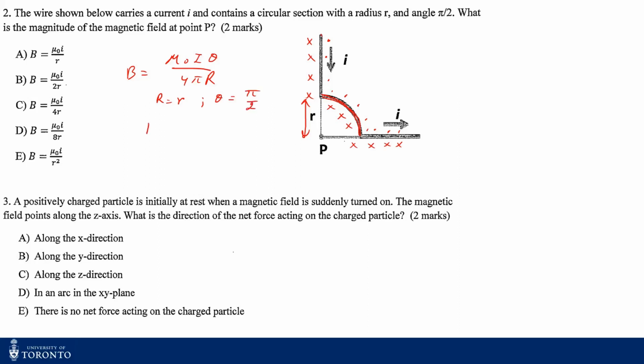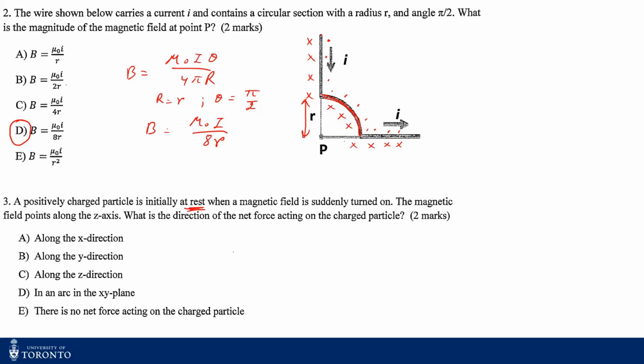Once you plug in the values, you will end up getting B equal to μ0 I / 8R, right? So which is your option number D.